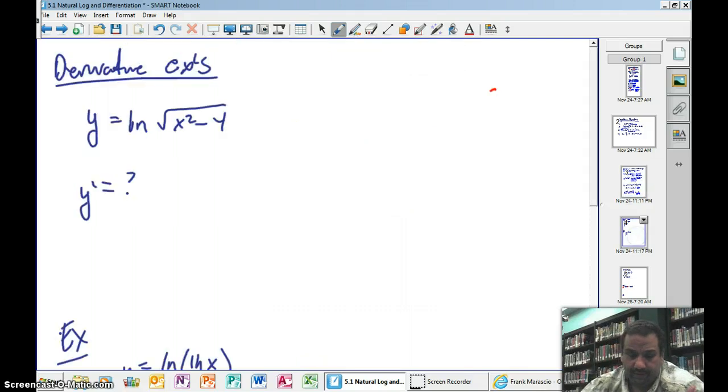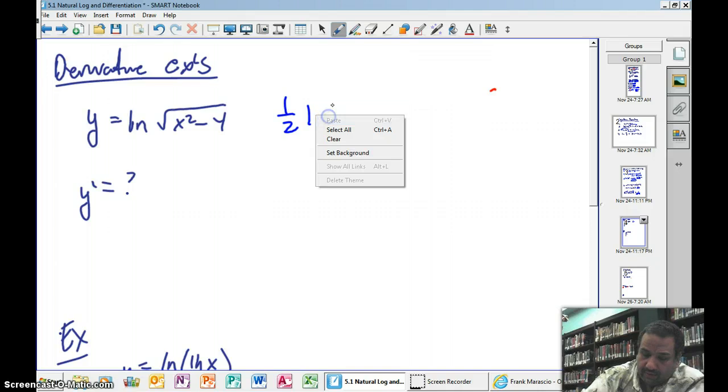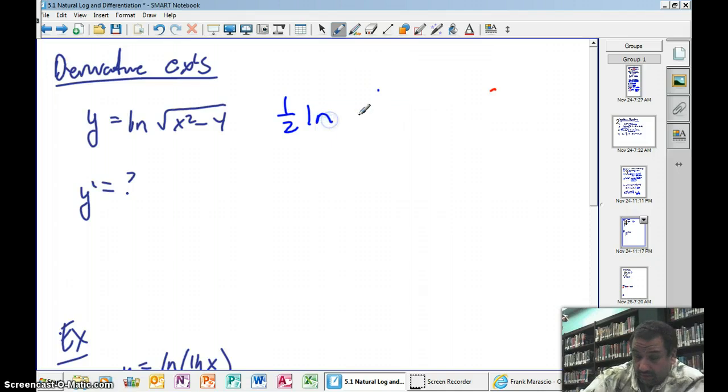Let's go on. Derivative examples. Here we go. So now we're combining the derivative and rewriting the logs. So let's see what we have here. So I'll probably rewrite this as the natural log, if I can, 1/2 the natural log of x squared minus 4.